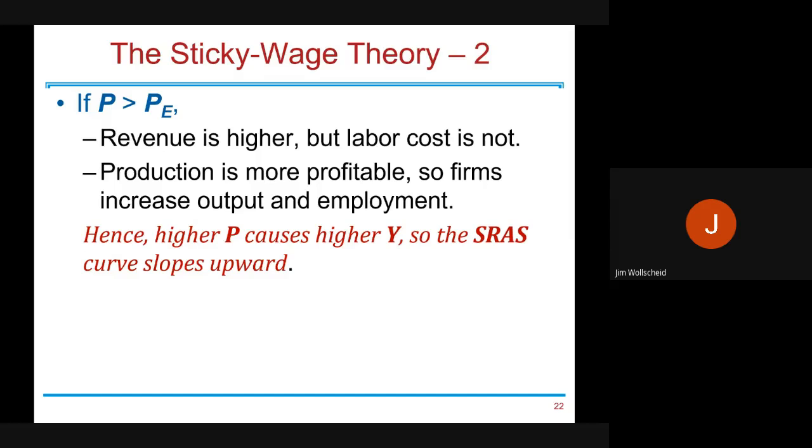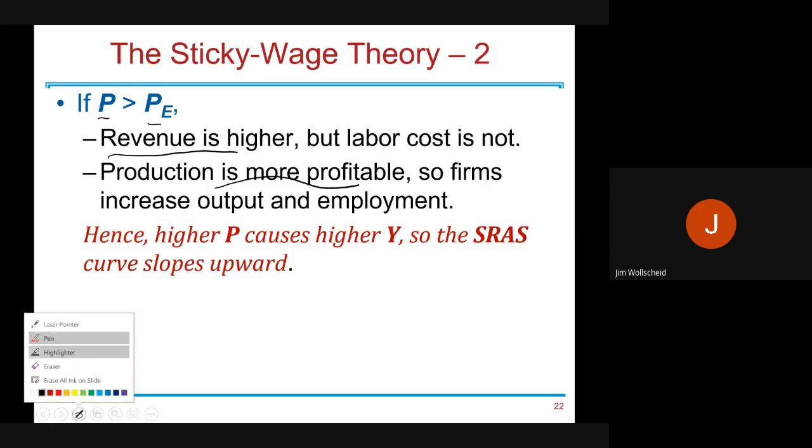So what happens if prices are above what we expect? Well, that means the firm's making more money, it's more profitable. And when firms are more profitable, they increase output, and that's going to cause GDP to increase.